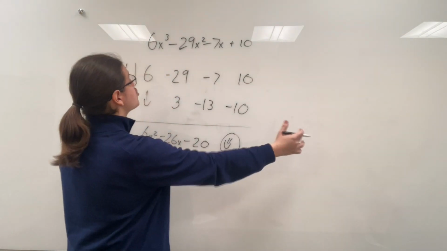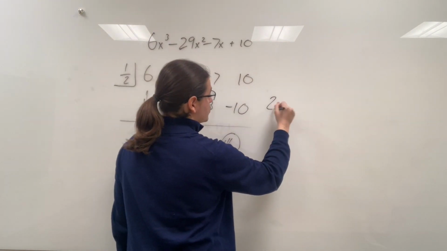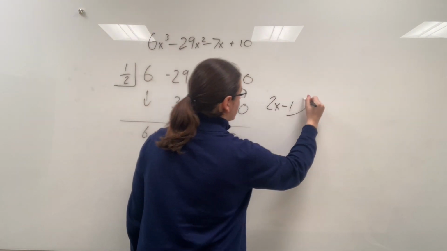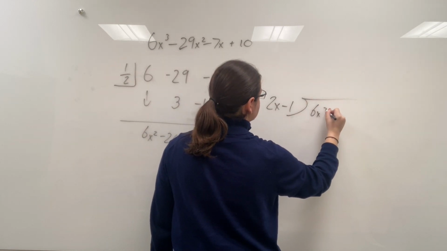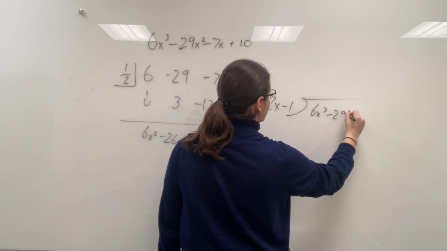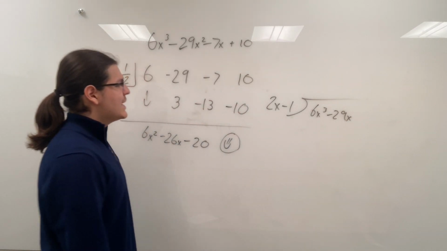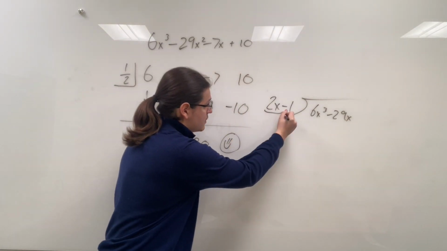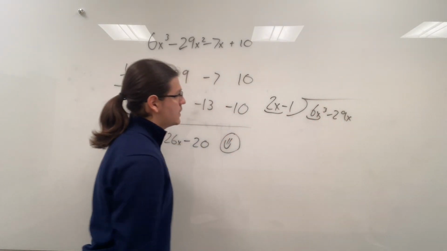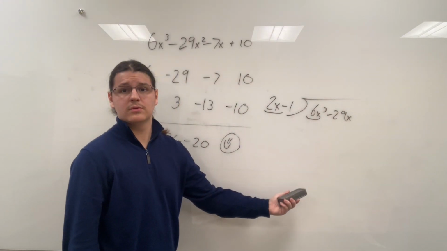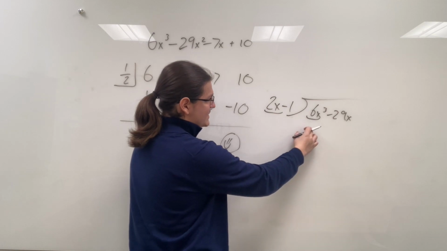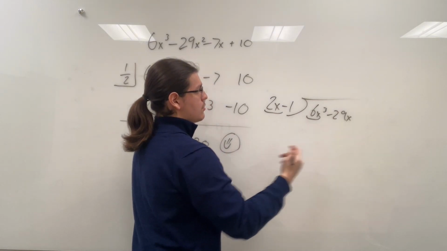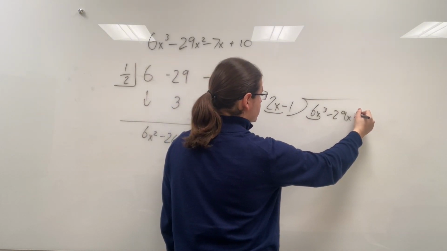Just in short, we would write 2x minus 1. Just write the first thing, 6x cubed minus 29x. We ask how many times does this fit into this? Now we consider the 2, right? 2x fits into 6x cubed 3x squared times.